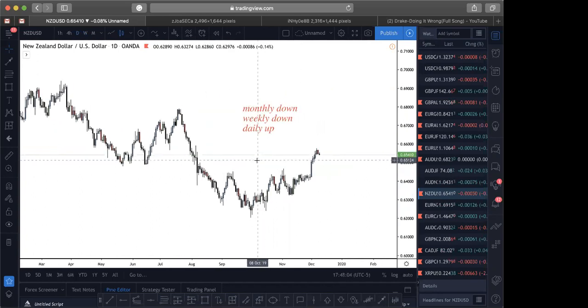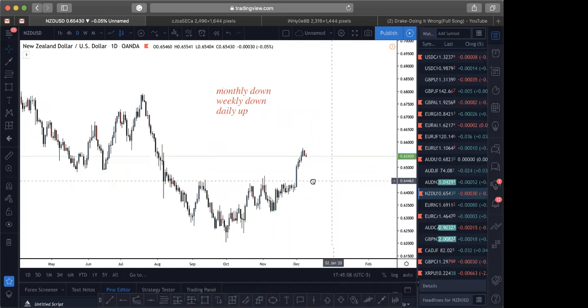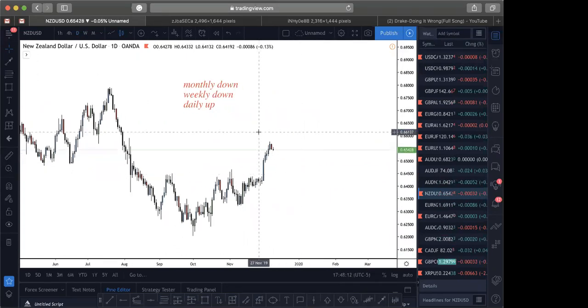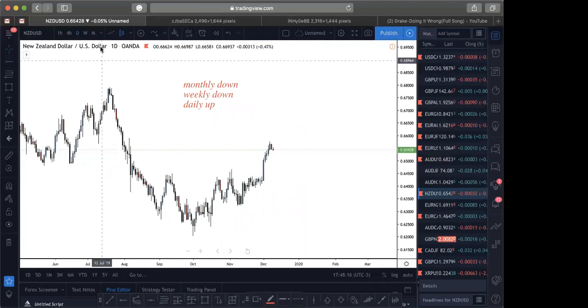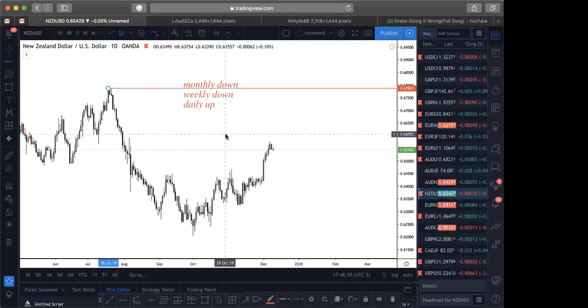So we know that even though this is a daily uptrend, we're going to be looking for shorts because the higher time frame is going down, right? So we know that we have up until this level to find a short, because if the market breaks this high, then it would have made a higher high on the monthly and weekly time frame, and therefore the downtrend would be invalid, right?